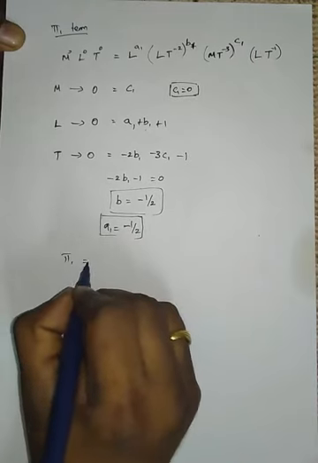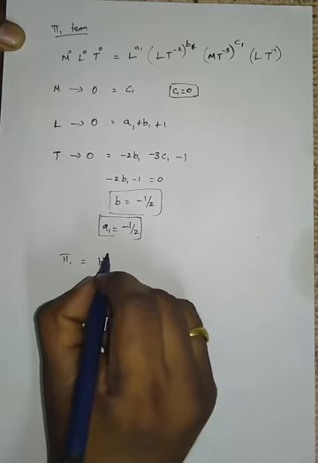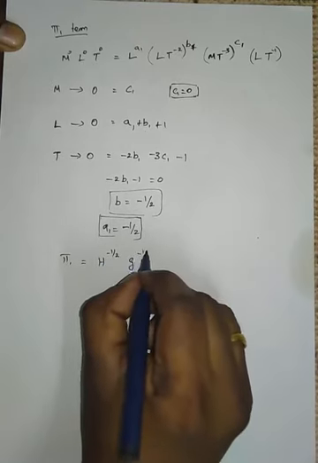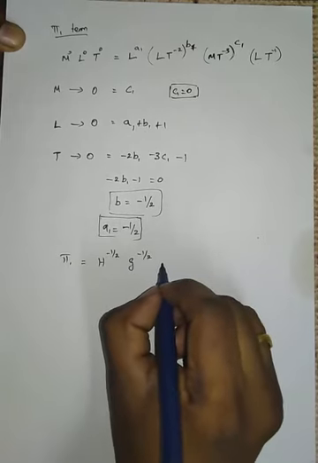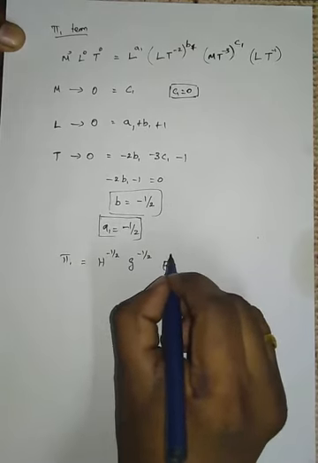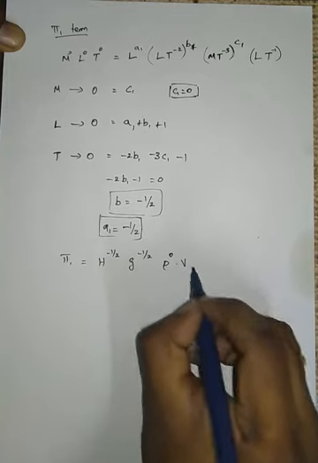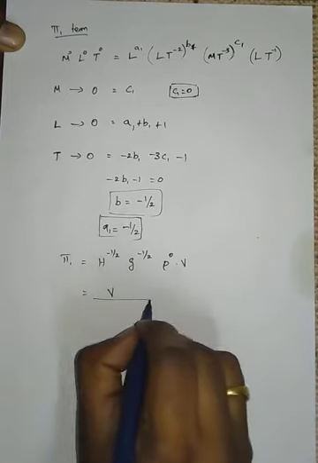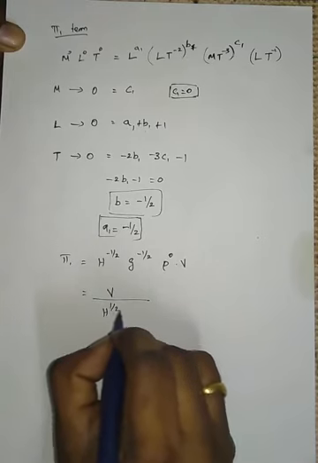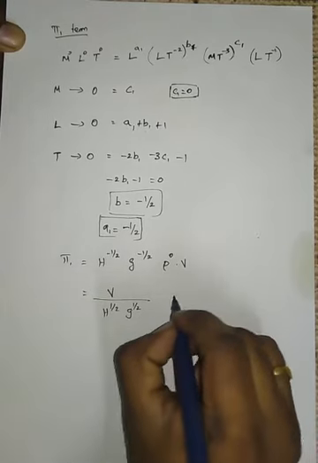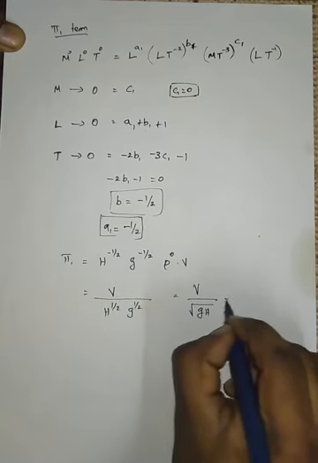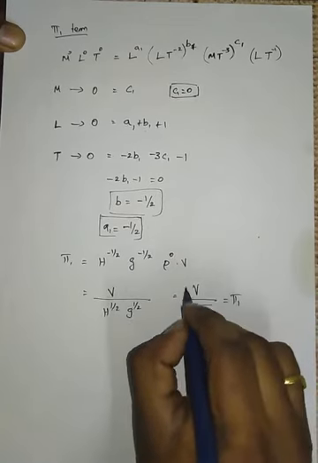So pi 1 equals h power a1, that is minus 1 by 2, and g power b1, that is minus 1 by 2, and rho power c1, that is 0, into velocity. So it is velocity divided by h power 1 by 2, g power 1 by 2. That is v divided by root of g h. This is the first pi term.